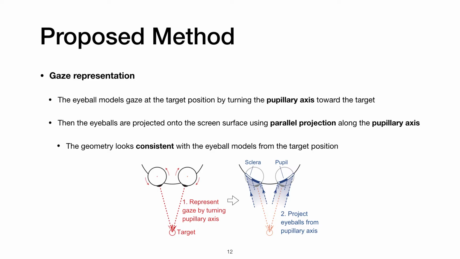We then project the eyeballs onto the screen surface along the pupillary axis using parallel projection. With this method, the geometry looks consistent with the eyeball models when viewed from the target position.